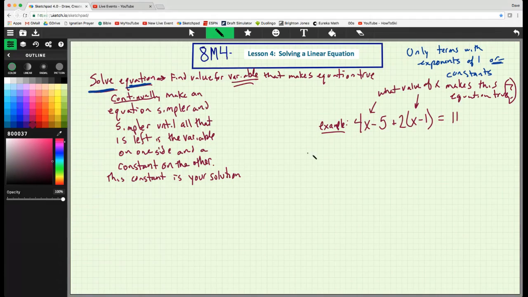So let's just watch how this works. So the first thing I'm going to do is distribution, which we remember is a thing we learned about in 7th grade. So we're going to turn this into plus 2x minus 2, and we're just going to pull this thing down like this. And so this was distribution.